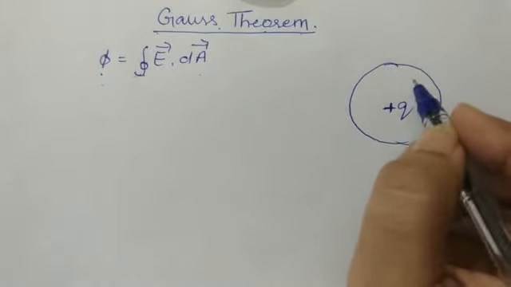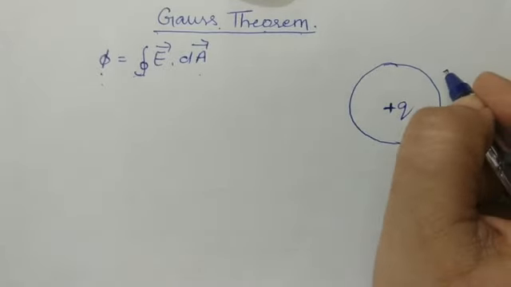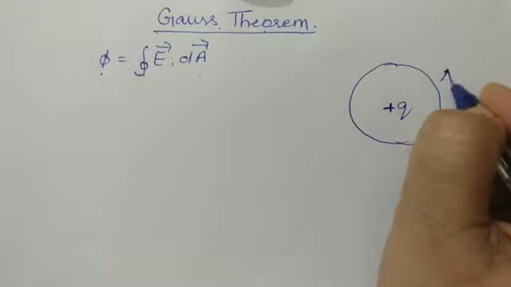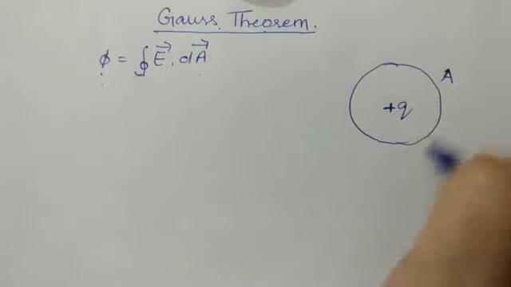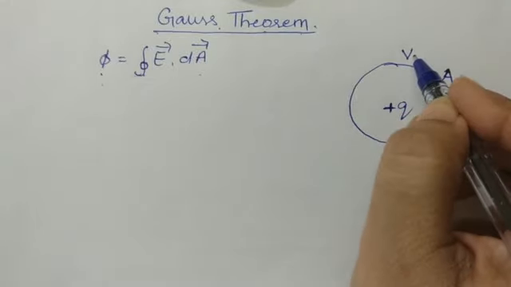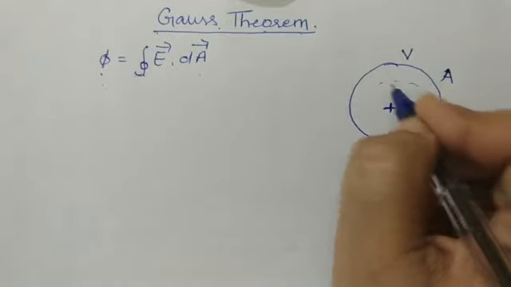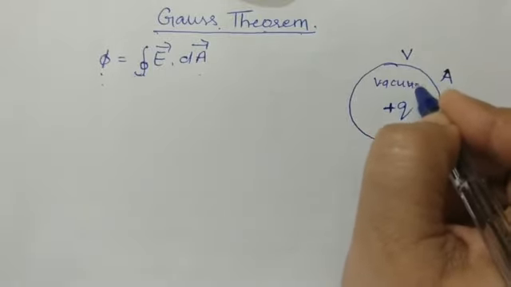There is a surface whose surface area is, suppose, A, and it encloses volume V. The volume of this whole complete surface is V, and inside this surface there is vacuum.